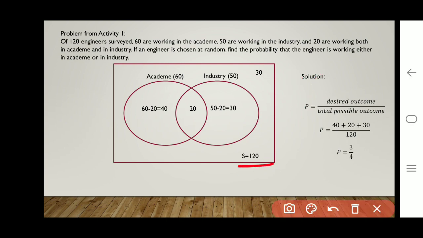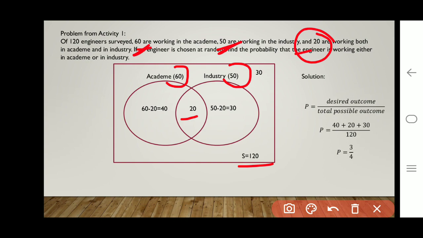Meron tayong total na 120, and then yung common sa kanila is 20, and then nabanggit din dito na 60 daw yung nasa academe, and then 50 working in the industry. Yung mga nabanggit dito, 'di ba yung 60 dito, tas yung 50 dito, included sa kanya, binilang niya yung 20.